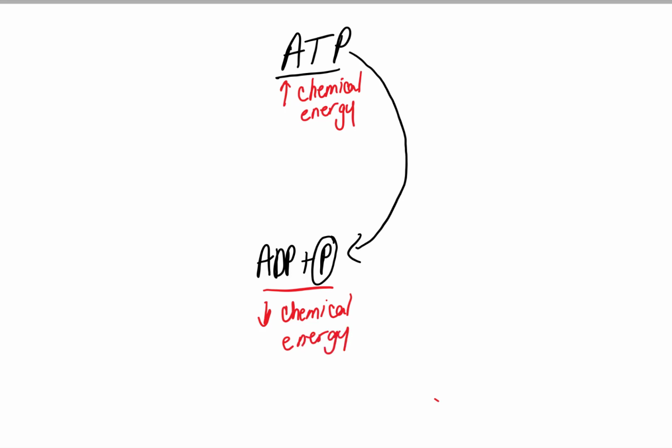And this represents an exergonic reaction. An exergonic reaction is where energy is released, and this is released during the hydrolysis of ATP, breaking that terminal covalent bond in the ATP molecule. So I'm going to represent this energy being released as a wavy line. And we know from our previous module that this energy is necessary for cellular work.